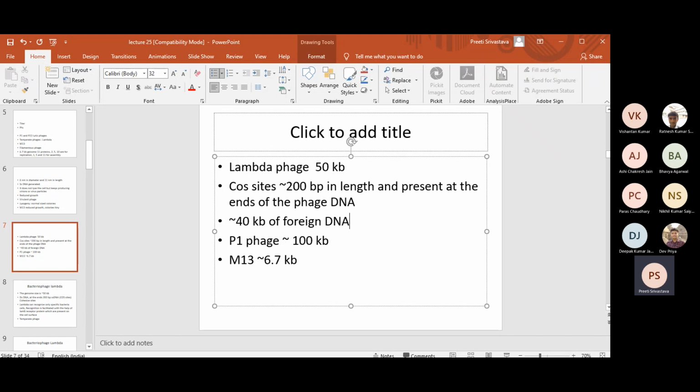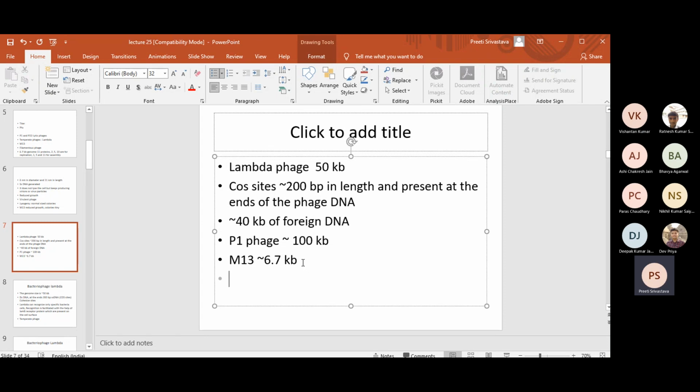So you can package easily, without any problem, 40 kb of foreign DNA in lambda phage. Likewise, in P1 phage, you can package approximately 100 kb DNA. I will tell you in a second why in lambda phage it is 40 kb and why in P1 phage it is 100 kb.